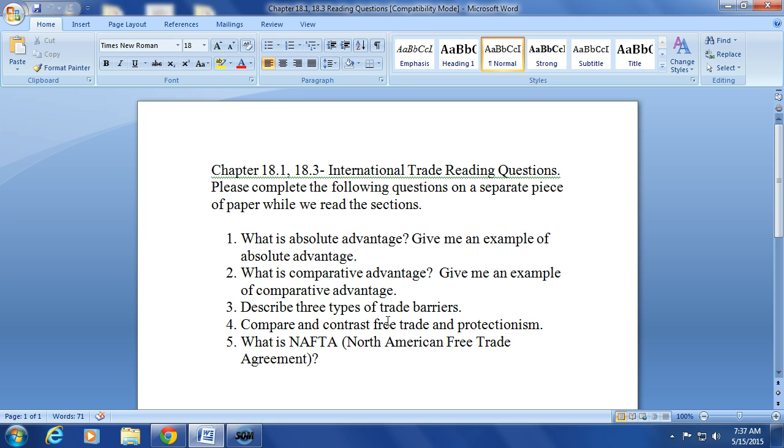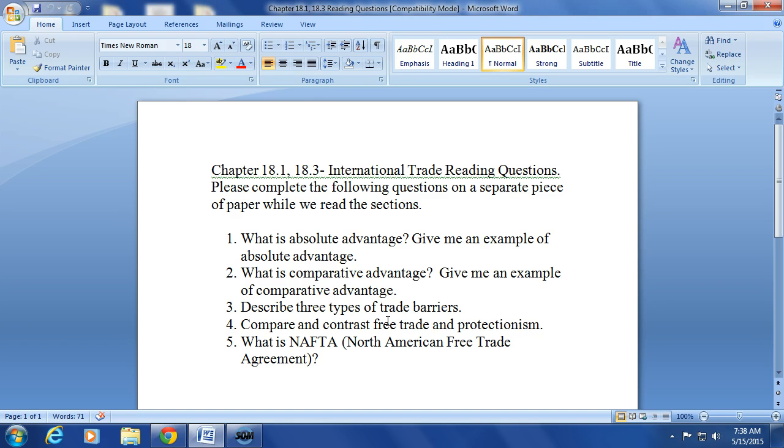So let's say the United States has to give up 5,000 cars to make a computer, while Japan has to give up 100 cars to make a computer. Japan is going to have the comparative advantage in making computers because it gives up fewer cars to make a computer. So you're looking for the smaller number. Who's giving up less when you're looking at comparative advantage? That could be an example, or you could look at the example on page 428.